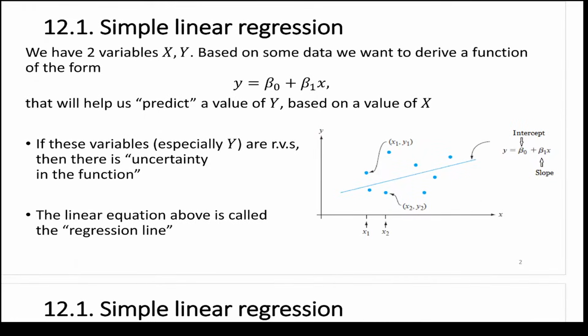The basic idea behind linear regression is that you have two random variables, x and y, and you assume that there is a linear relationship between them. This is a line equation right here. X is the independent variable.